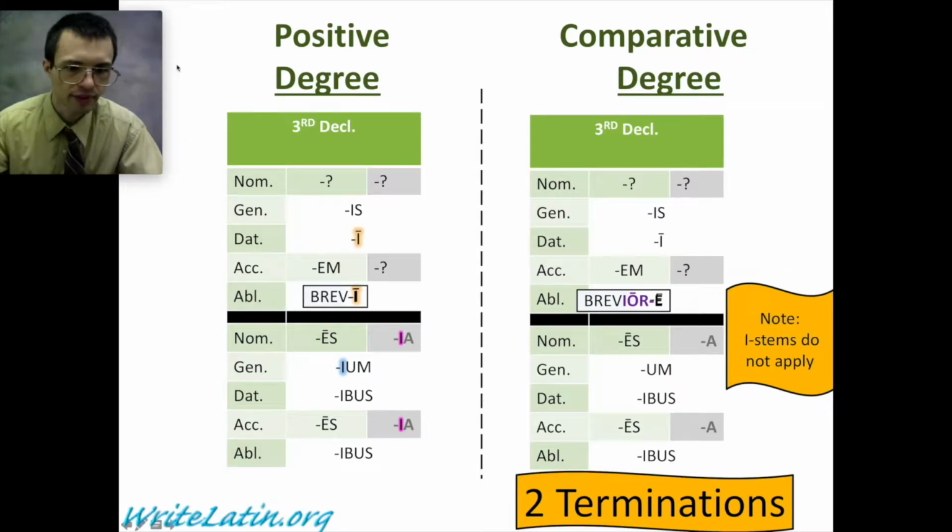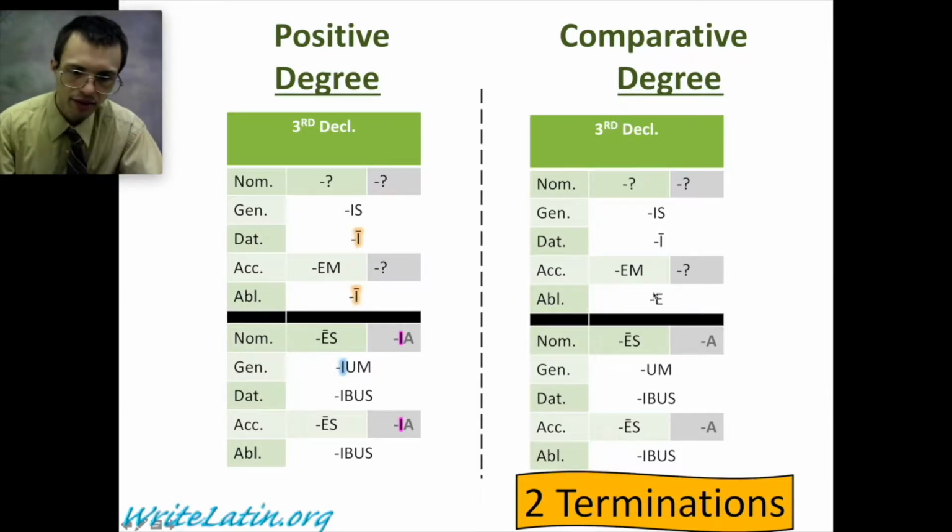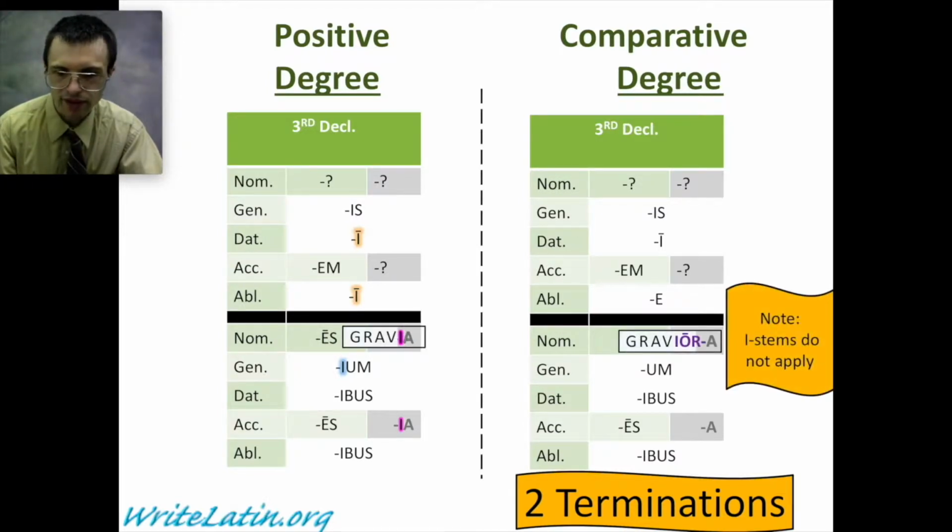So there's an I stem on the left. See how I highlighted it in orange? There's an I stem on the left, but you don't see any highlights over here. E became E. Levis, leviores, the lighter ones. Heavy things or serious things, graviora, seriouser ones.